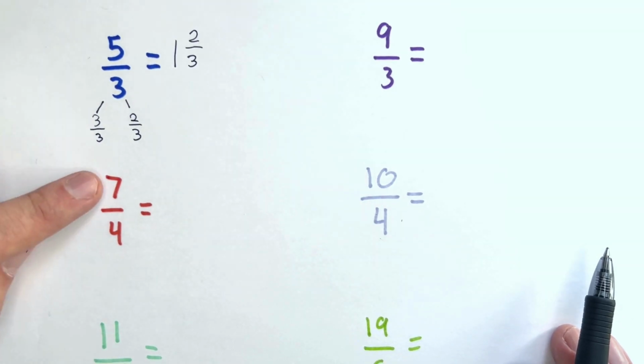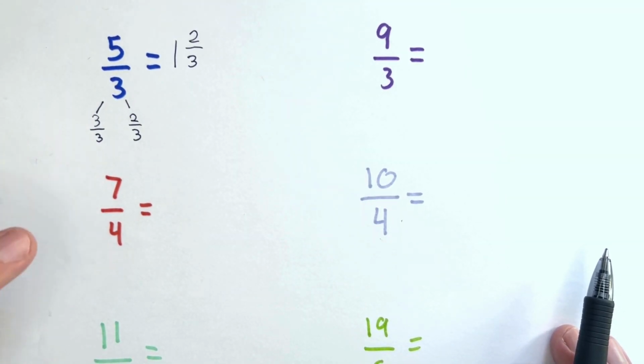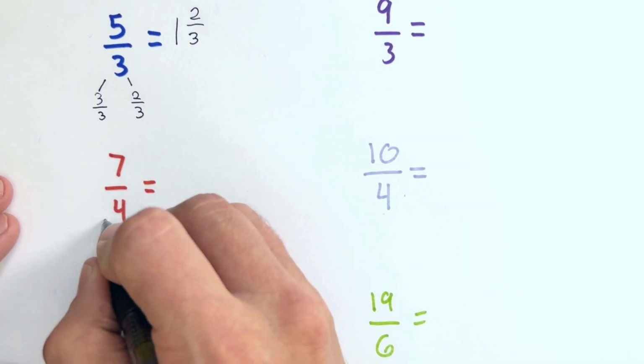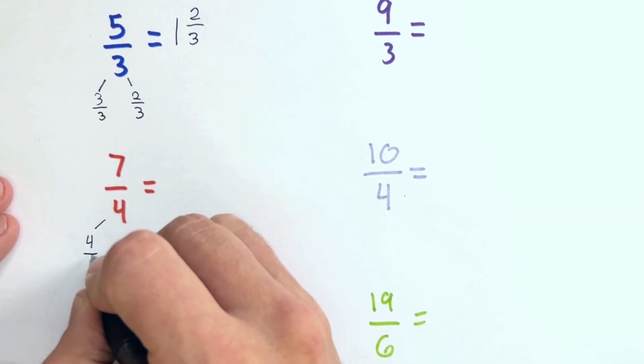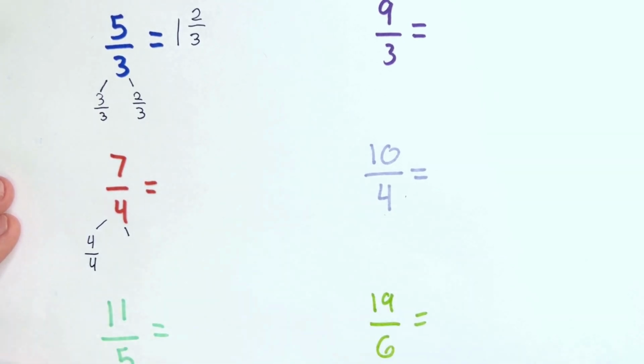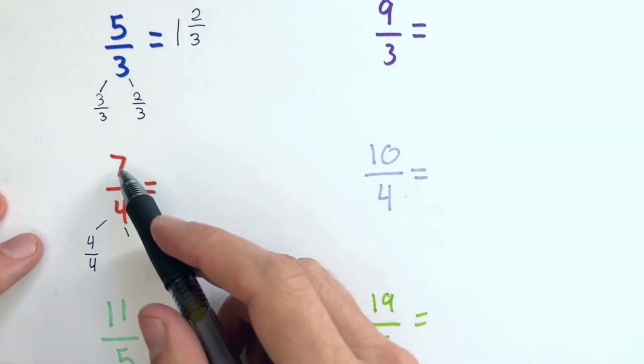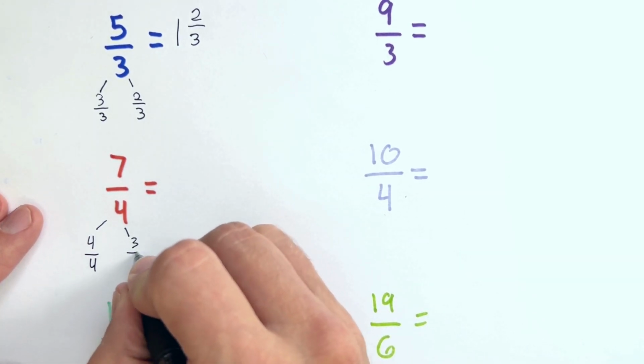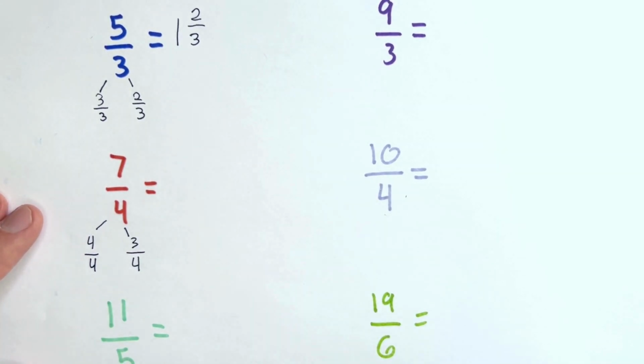Let's take a look at 7 fourths. 7 over 4. I'm going to take out my 1 whole. This will be a group of 4 over 4. And then what do I have left over? 7 take away 4 is 3, but it's 3 fourths.